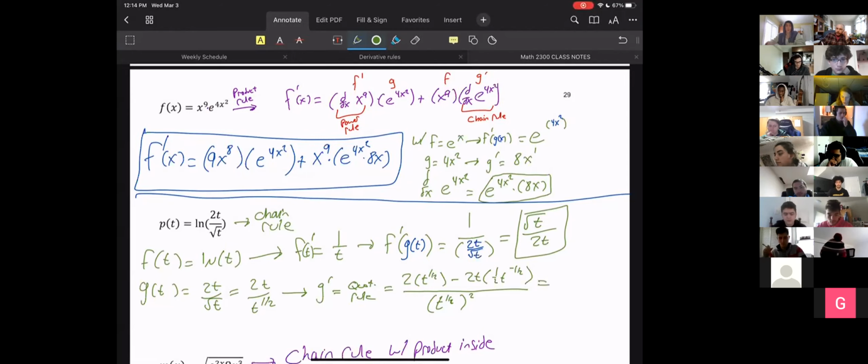So in the interest of time, since we're almost out of time, this becomes t to the 1/2 over t to the 1. You subtract those powers, and we'd have t to the minus 1/2.